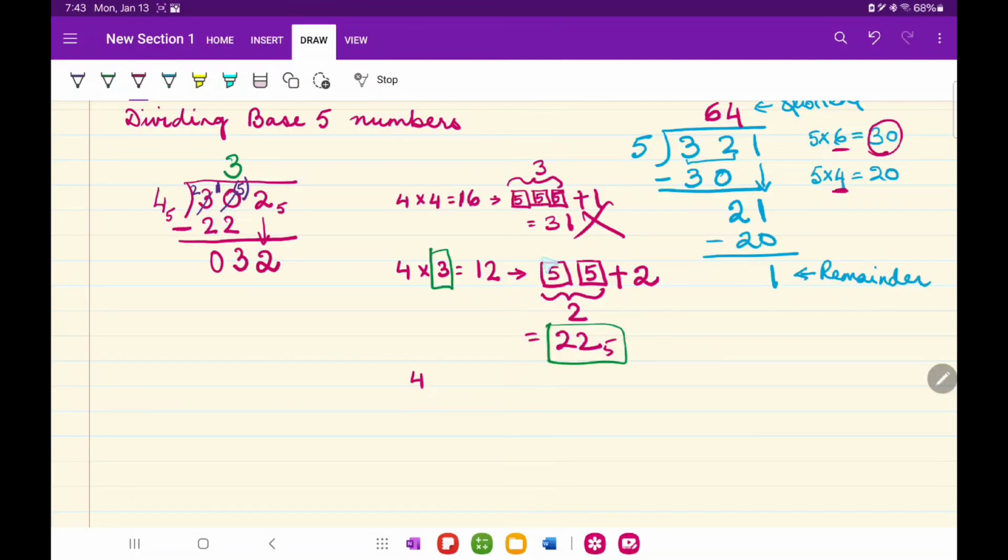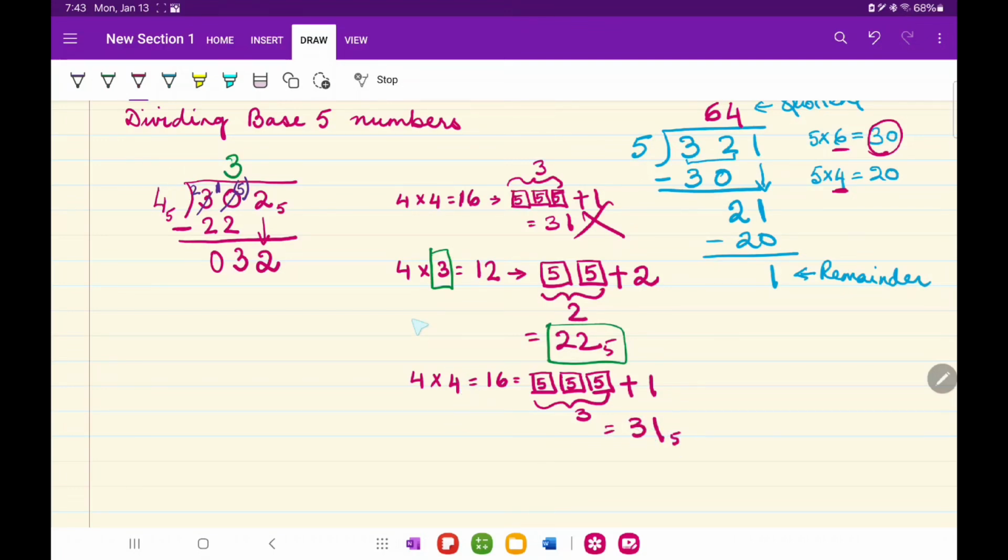But it might work for 32, and in fact, it does. So 4 times 4 is 16. We have to see how many bundles of 5 we can extract out of 16. We have 3 bundles of 5, 15 can be bundled into 3 plus 1, correct? So that's equal to 31 in base 5.